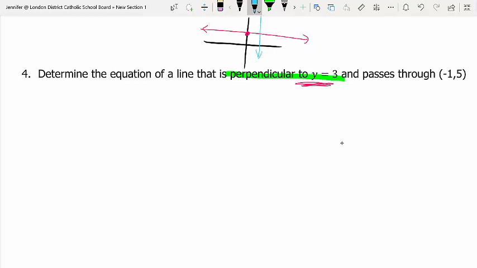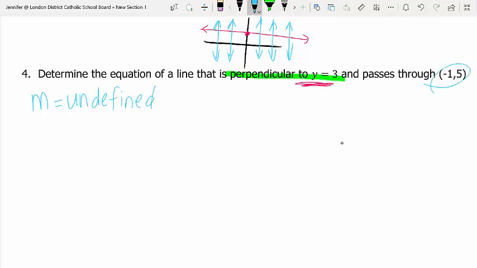So our line must be a vertical line somewhere. Okay, so these are all vertical lines. Ours is going to be vertical. So what's the slope of all vertical lines? Remember, it's undefined, so that means our slope must be undefined.